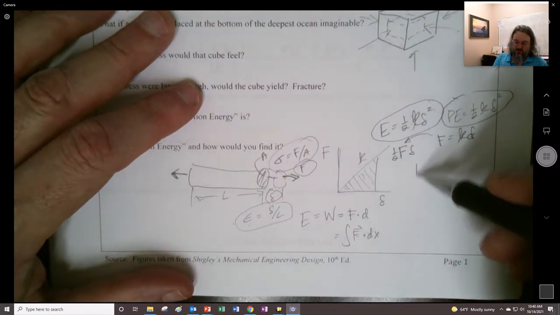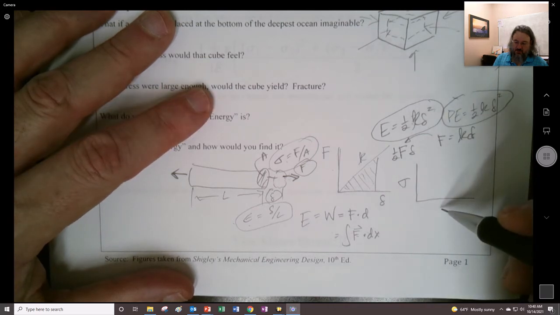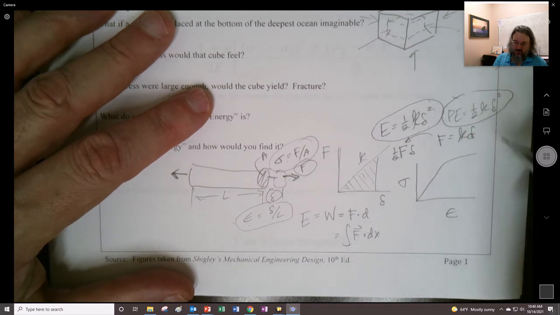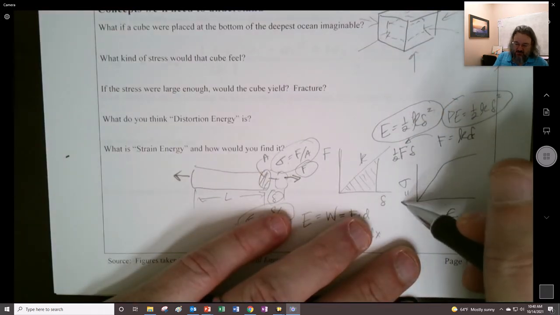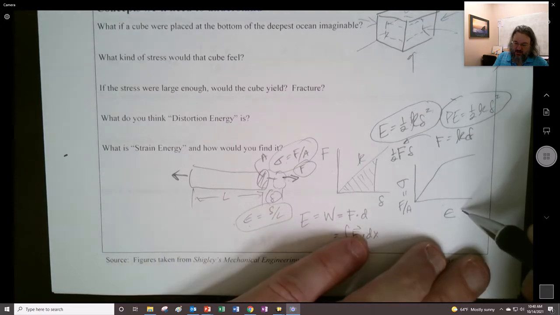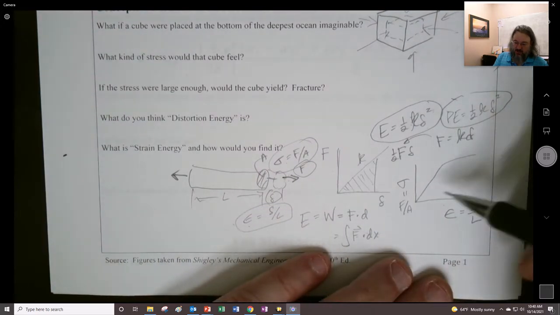But when we talk about strain energy, another way that we could look at it is, let's see, stress over strain is with our elastic curve, right? With our material curve. Well, remember that stress is equal to F over A, and strain is equal to del over L, right? In a simple test, right?